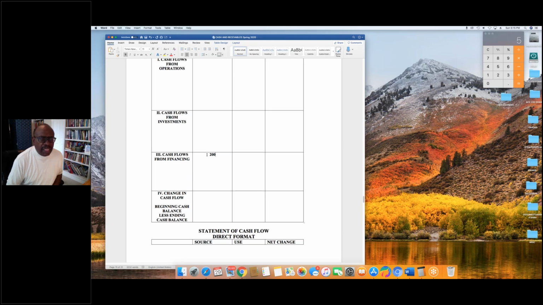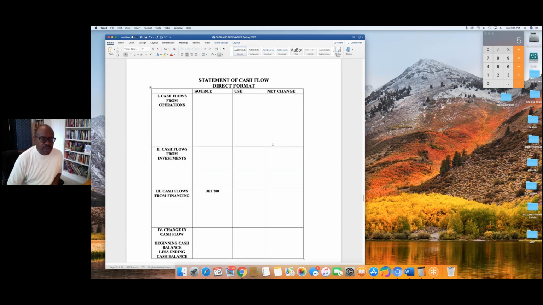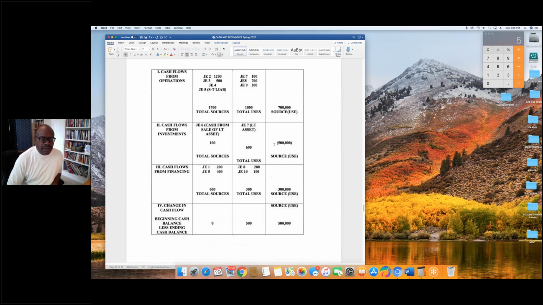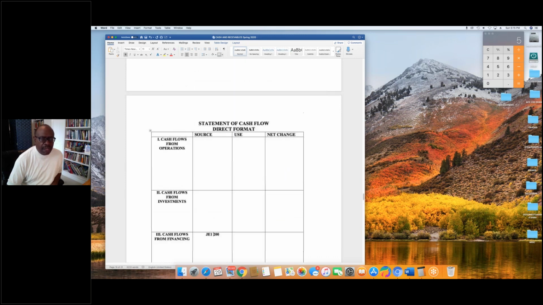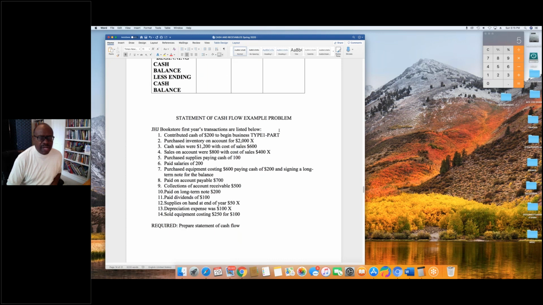And of course, this is journal entry 1. So we put the first one in as journal entry 1. You can be referring to this in terms of where they go, but we're just putting them all in as we go transaction by transaction.